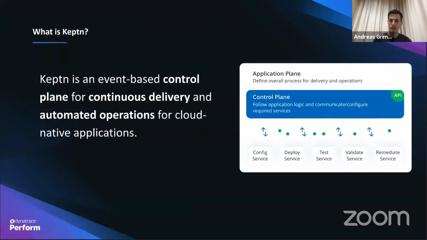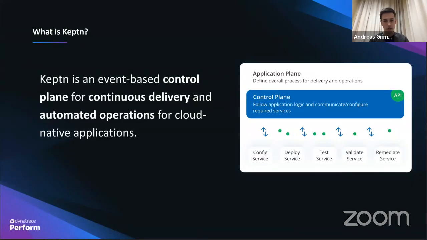So Keptn is an event-based control plane for continuous delivery and automated operations for cloud-native applications. So Keptn provides you a set of events which allow you to model the processes in continuous delivery and also for automated operations. And Keptn is unique compared to pipelines, compared to Terraform scripts, and so on.